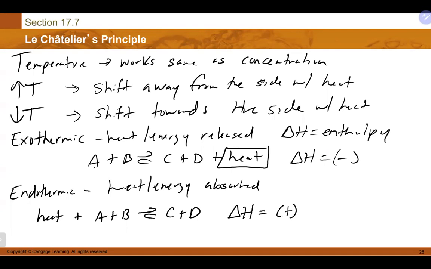And that is more often than not how it is displayed to you in a Le Chatelier's principle type question. They give you the equation and they say, hey, the delta H of this one is like minus 336 kilojoules. The number really doesn't matter. It's actually the negative or positive sign that matters in this instance for determining if it's exothermic or endothermic. Any questions on that there?